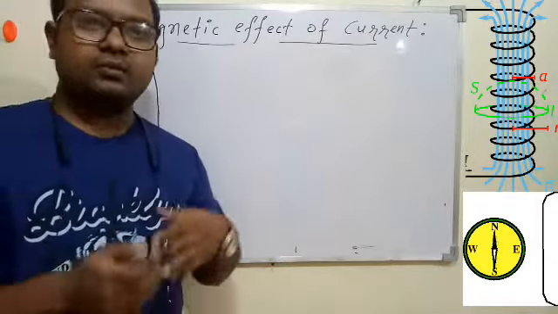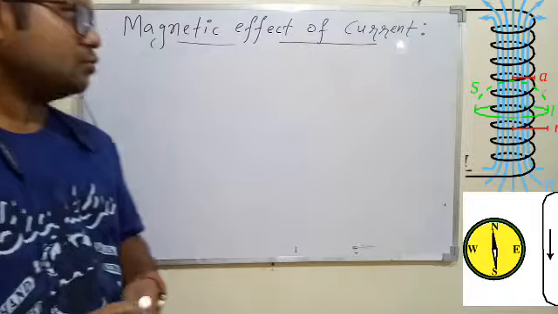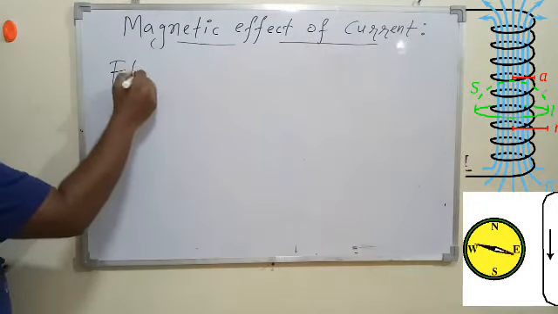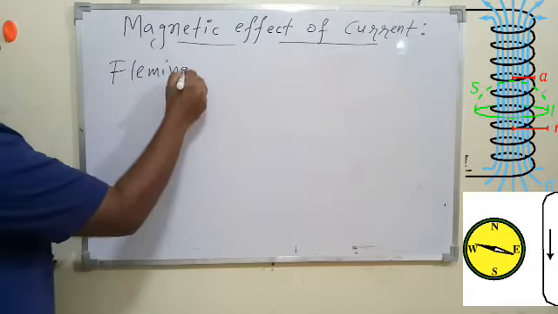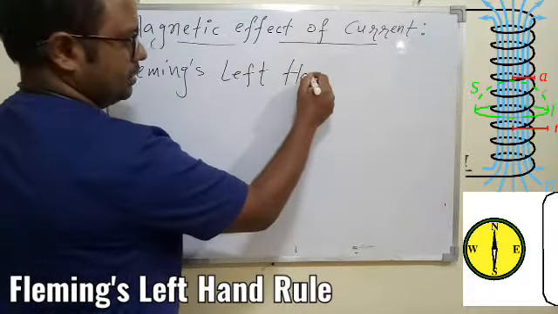and in which direction this conductor will move, for that we have a particular rule now. That is given by Fleming only, and we call it Fleming's left hand rule.